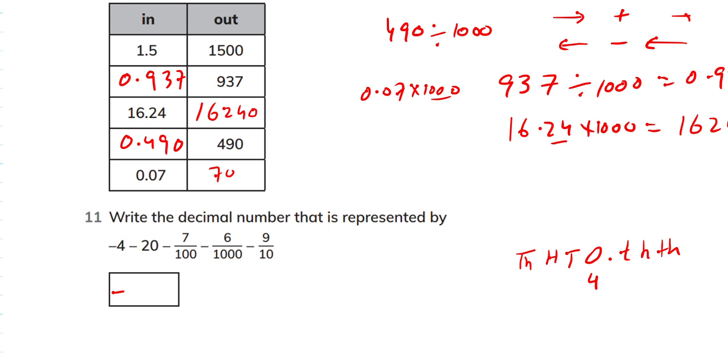Yes, Amjad. Wait. As I said, 20, yes, tens place because it has a 0 after this. It means 2 will be in the tens place. So here I will write 2. Okay. 7 over 100. If over 100, the number is in which place?